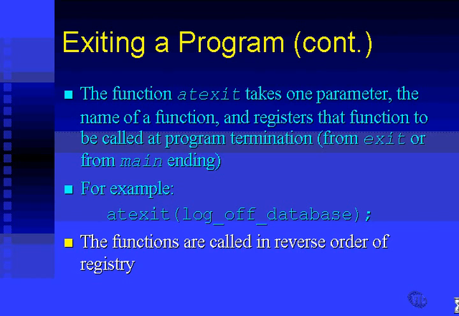In other words, if the very first call to atexit was logoff database, then logoff database will be the very last thing that happens when the program finishes. So it will kind of back its way out. Now that might sound odd, to do the first things last, but I've used atexit many, many times, and I've found that that is the most logical way of doing it. Okay, we're going to see some examples of that.